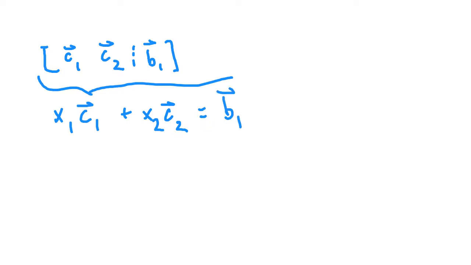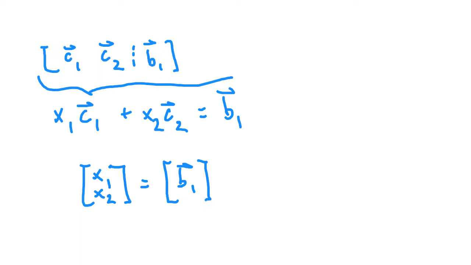So then the vector x1, x2, in this case, is equal to the coordinate vector of b1 relative to basis C. You see what I'm saying here?